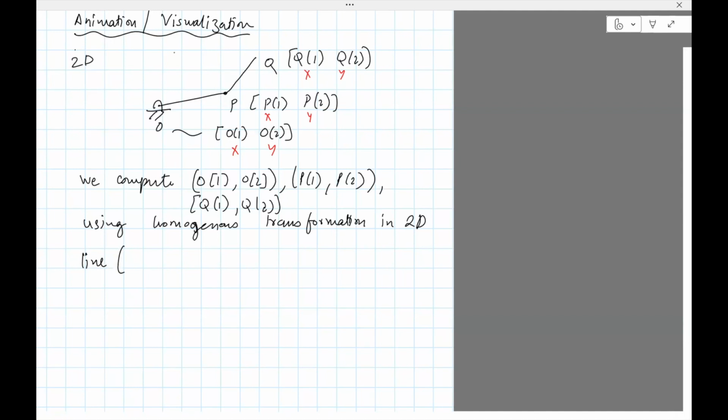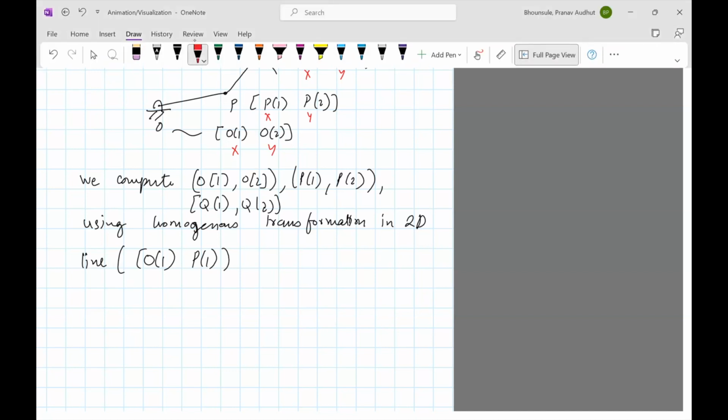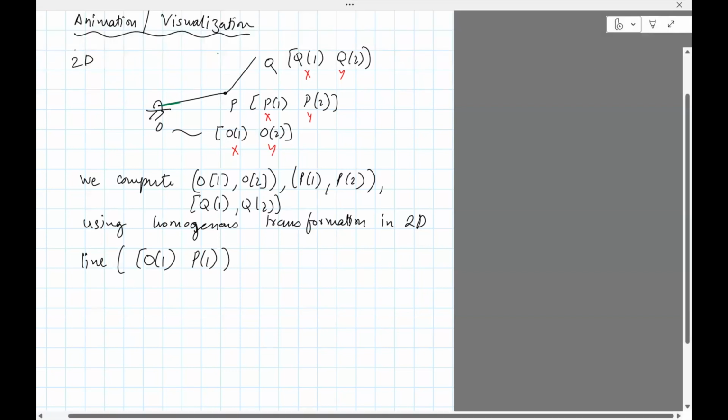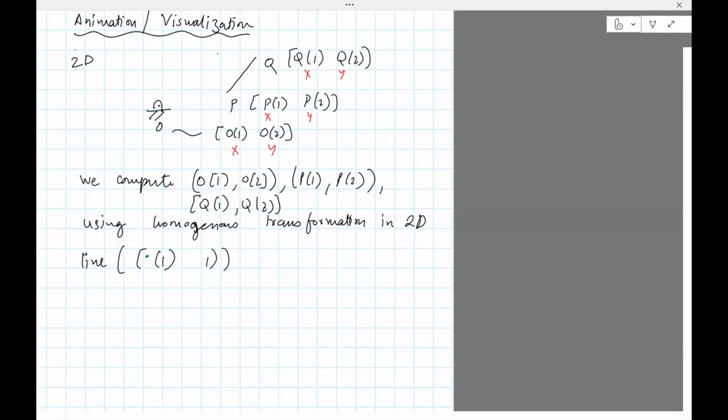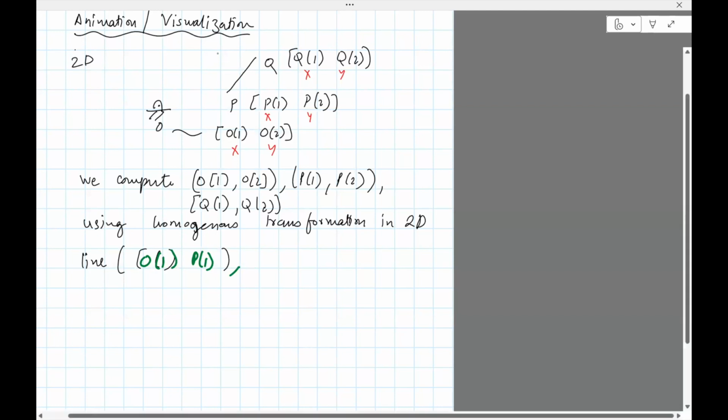Okay, so then once we did that, in order to visualize, we use this command called line. And in the line command, you need to specify the x coordinate of the first point. So if you want to draw a line like so, then what you do is you specify the x coordinate, and then you specify the y coordinate.